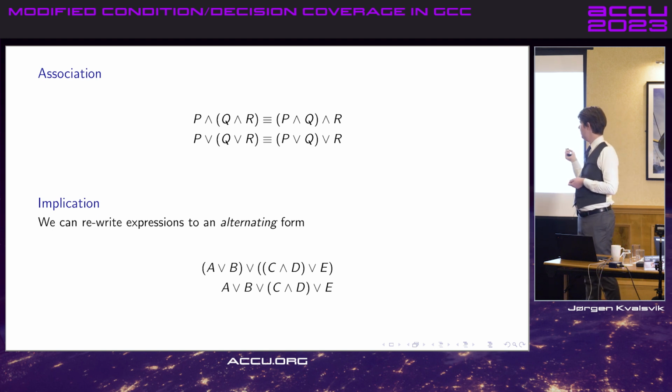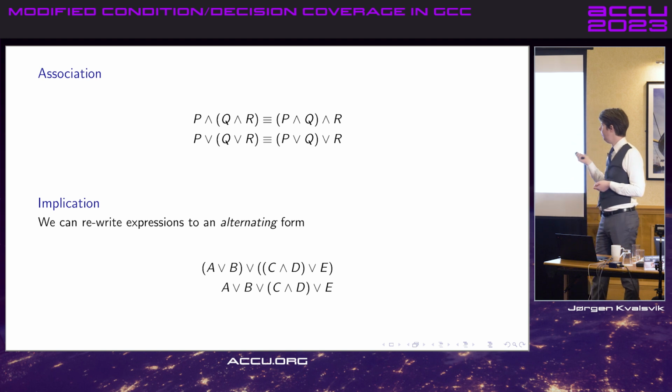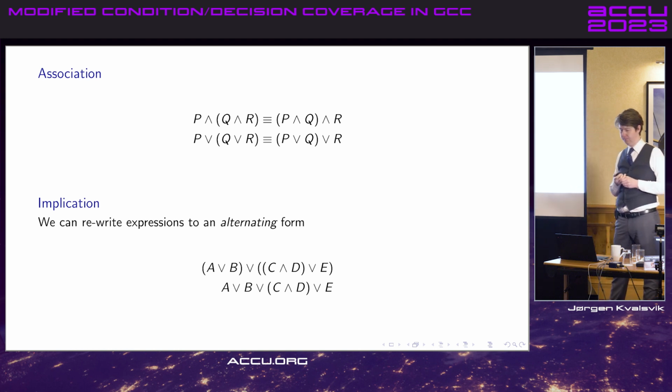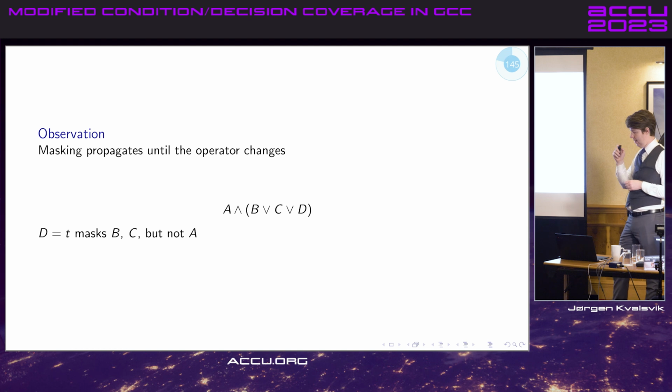Some almost repetitions from maths class. Boolean expressions are associative. And what that means is that we can rewrite them into a sort of alternating form by moving the parens about. And masking will propagate until the operator changes.